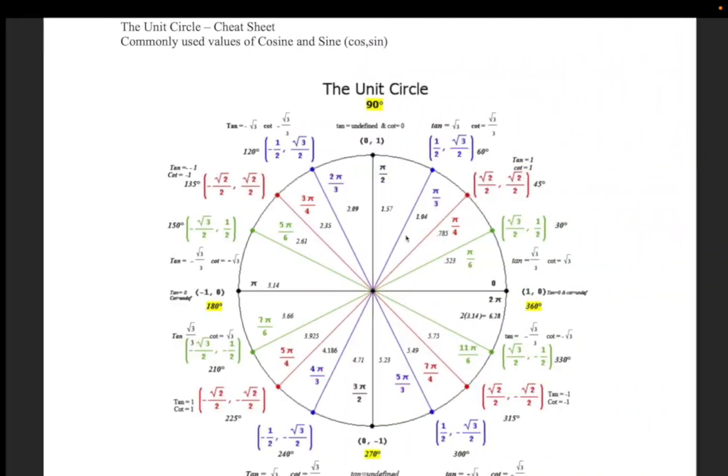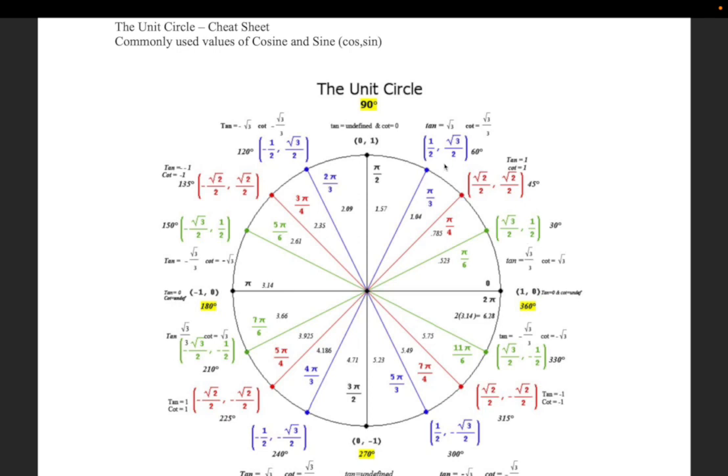So it starts at 0, and it drives up to 1, and then it comes back down to 0 over here, in the same manner in which it increased. So it increases from 1/2, square root of 2 over 2, square root of 3 over 2, and then it decreases: square root of 3 over 2, square root of 2 over 2, 1/2, down to 0.